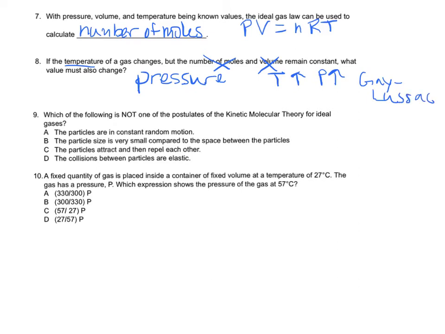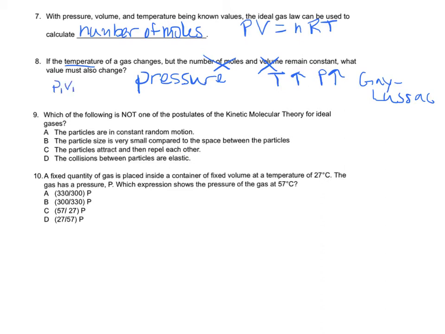And remember, that's the one equation that is not on your formula chart. It's on the combined gas law formula chart. But Gay-Lussac, remember, is initial pressure over initial temperature is equal to final pressure over final temperature. And they are directly related to one another. And you can see that in the combined gas law equation.